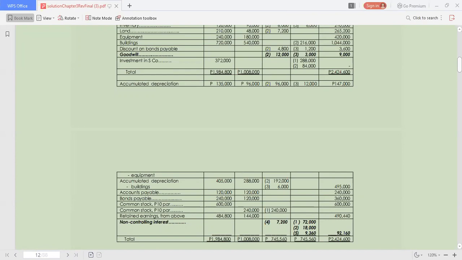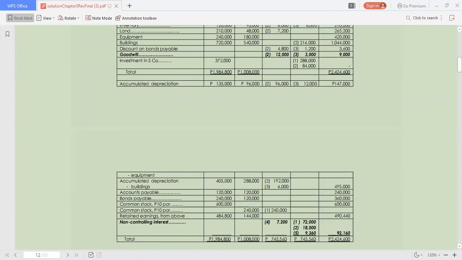And the total of the buildings account is 1,044,000 in the upper portion. That gives us the difference of 549,000 buildings to be shown at net in requirement number 2.